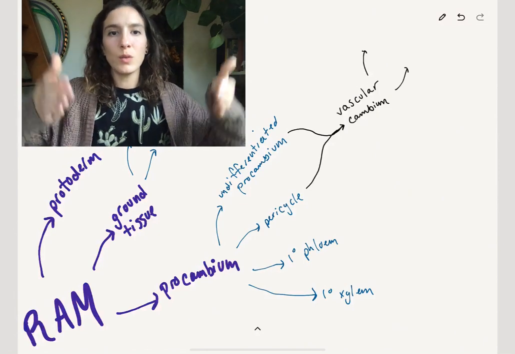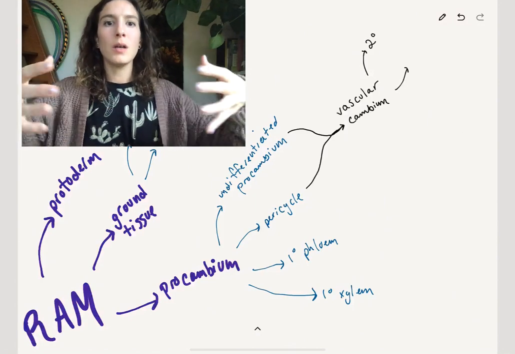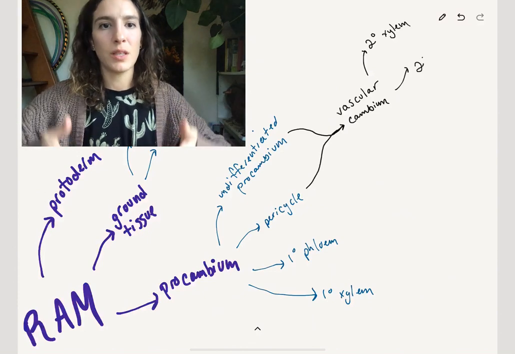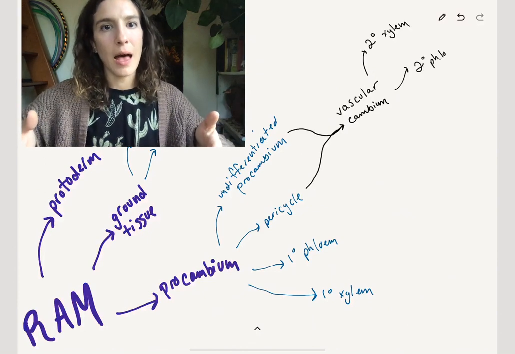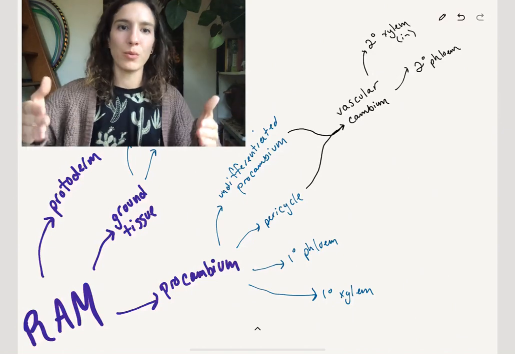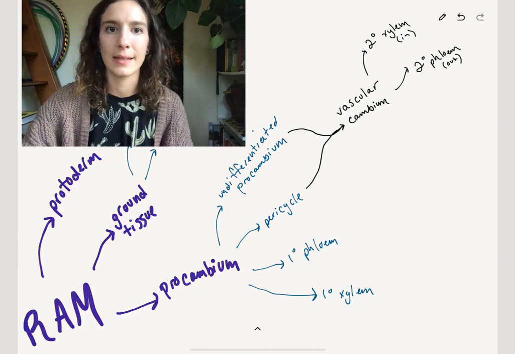It will continue dividing and expanding the circle around as it's getting wider. And it's getting wider because it's adding secondary xylem to the inside of that vascular cambium line. It's also adding secondary phloem to the outside of that vascular cambium line of meristematic cells.